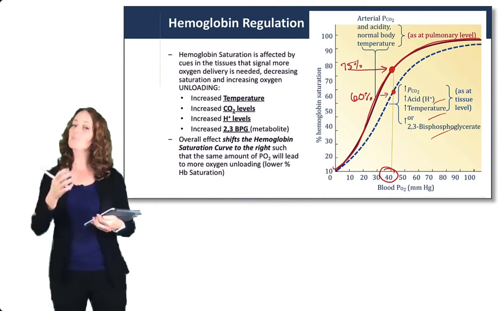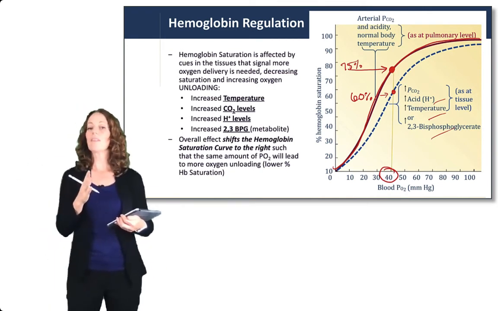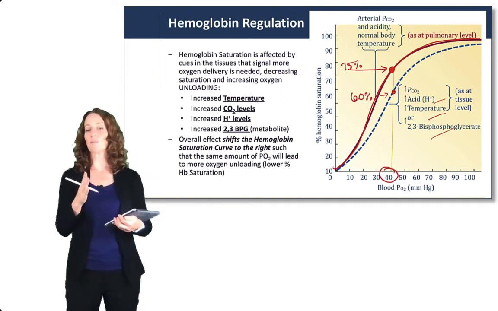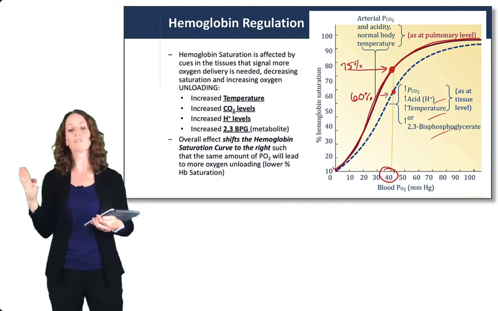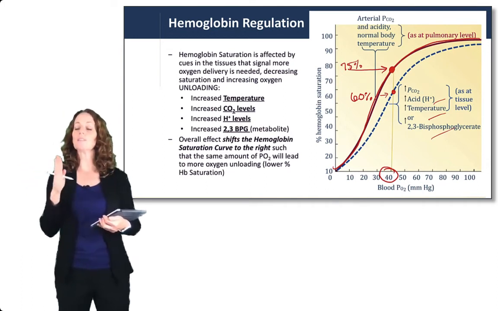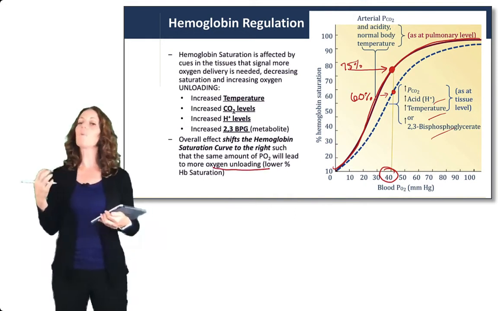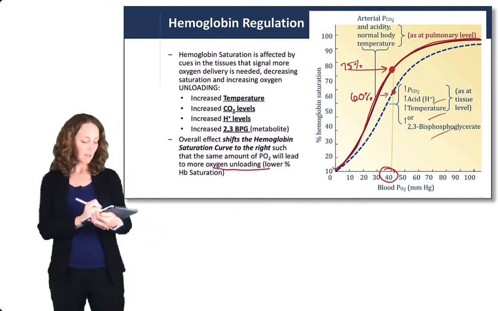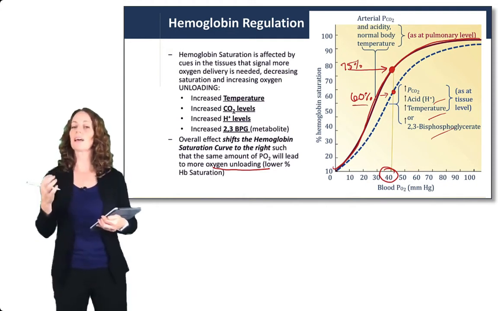And this curve is explaining that relationship. So overall, the effect of temperature, CO2, and metabolites is to shift the whole curve over to the right, such that the same amount of PO2 will lead to more oxygen unloading. And when we have more oxygen unloading, we have less saturation of hemoglobin, or less bound.